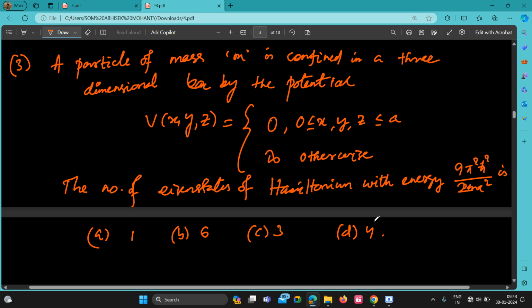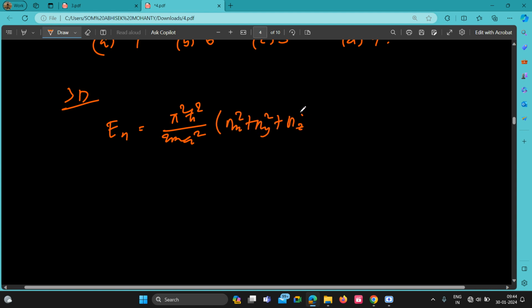Okay, I hope you could solve it. Potential is given. So this is a three-dimensional symmetric potential. So the energy eigenvalue is pi square h cut square by 2 m a square times nx square plus ny square plus nz square.